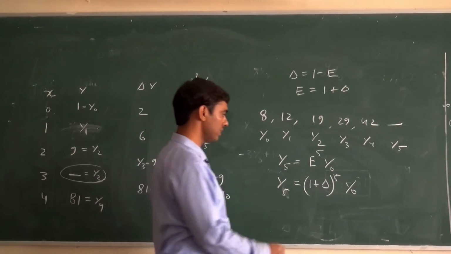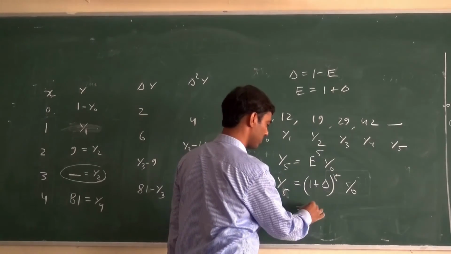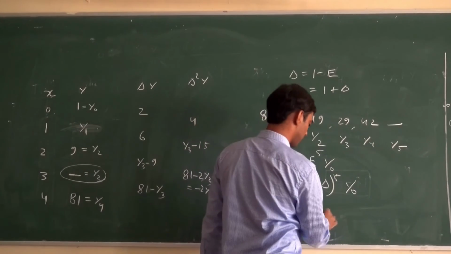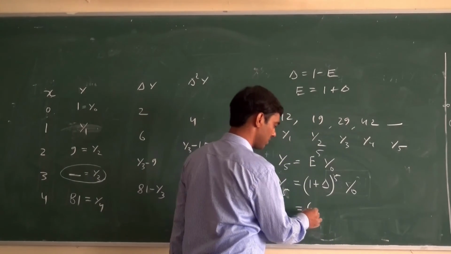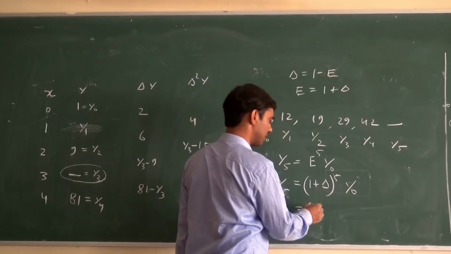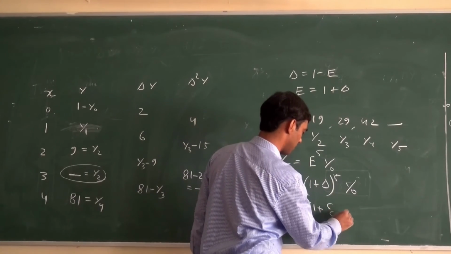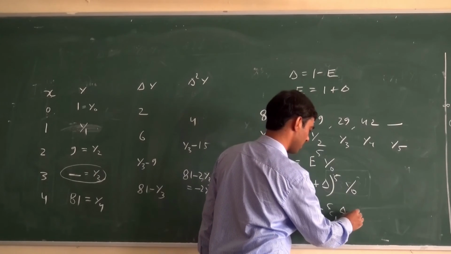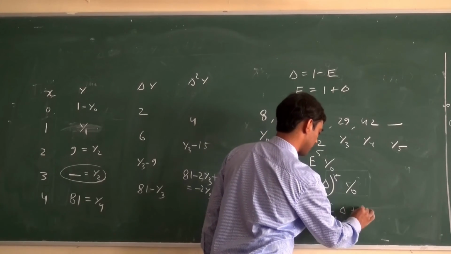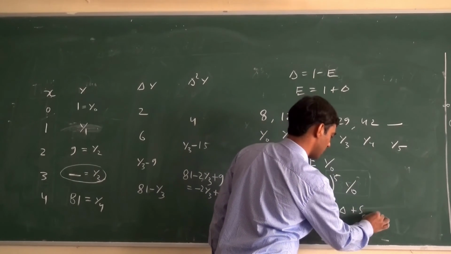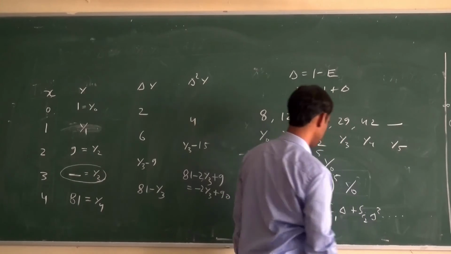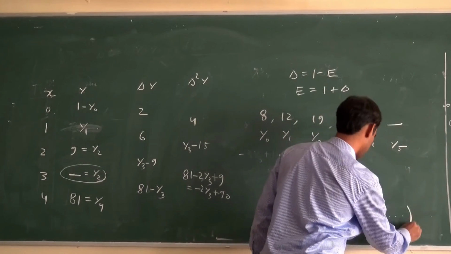We expand this binomially: 1 plus 5c1 delta plus 5c2 delta square and so on, on y0.